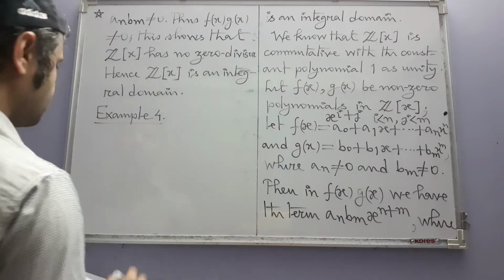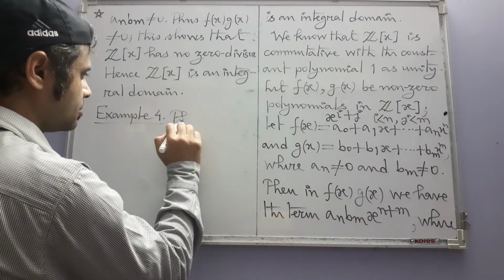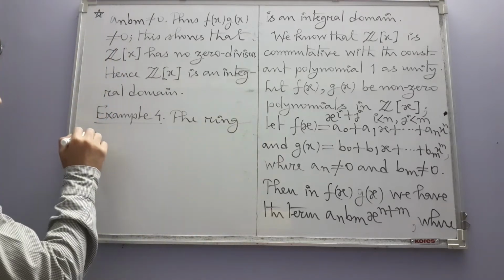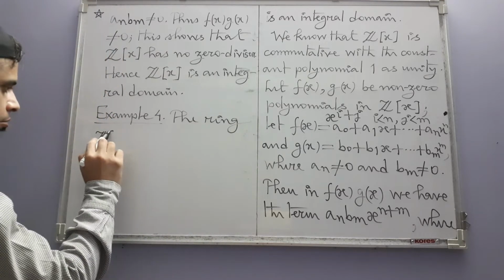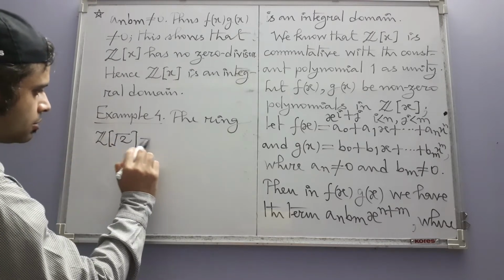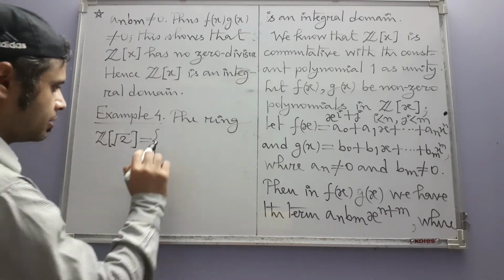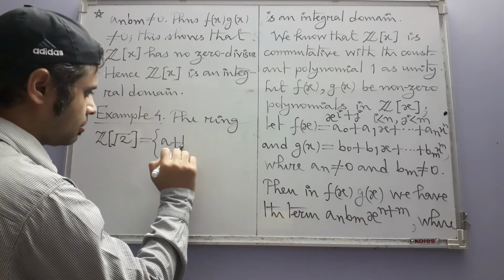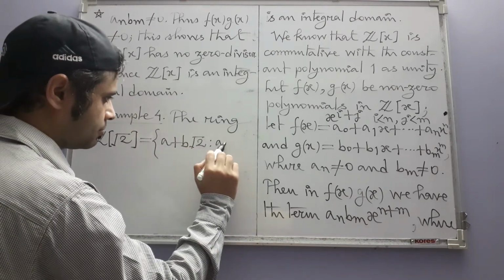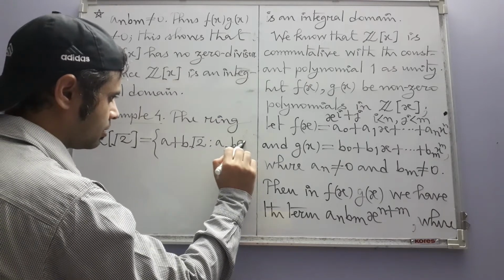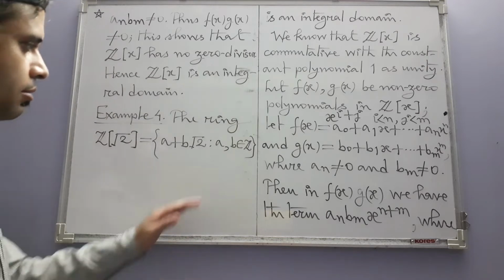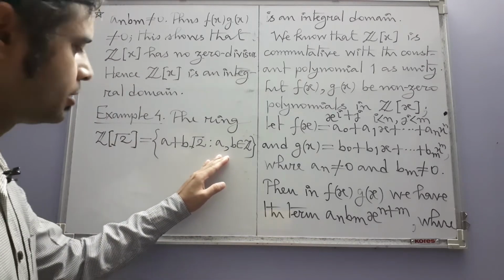In this one, we have this ring whose elements look like this: a plus b times square root of 2, where a and b are integers. You can compare this with the Gaussian integers.